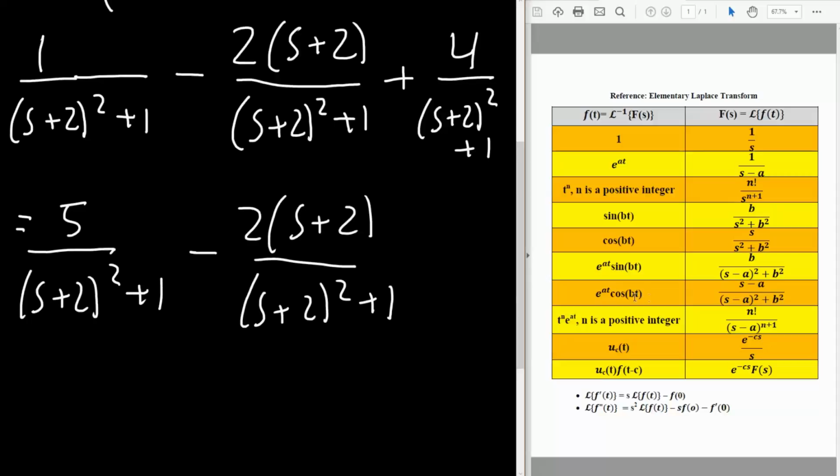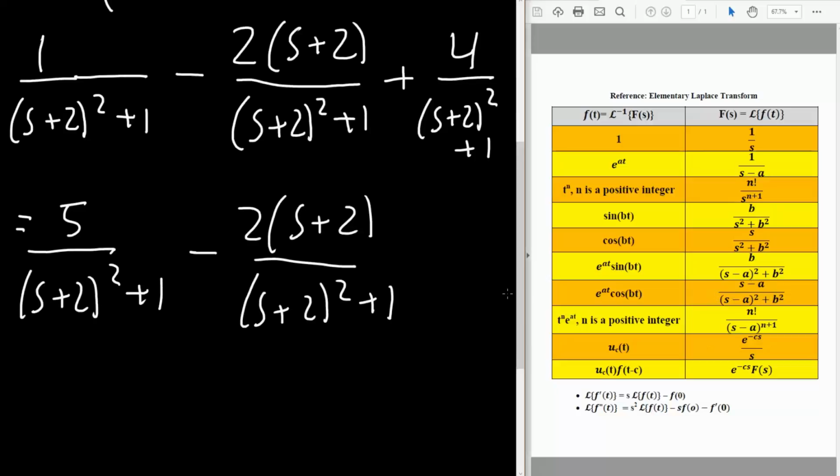And now we have stuff that would actually relate. So 5 divided by (s plus 2) squared plus 1 is very close to this, b divided by (s minus a) squared plus b squared. Further, 2 times (s plus 2) divided by (s plus 2) squared plus 1 is very close to this.